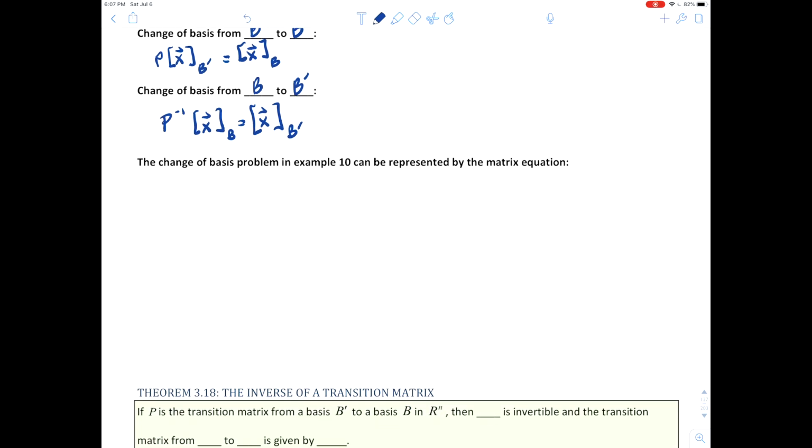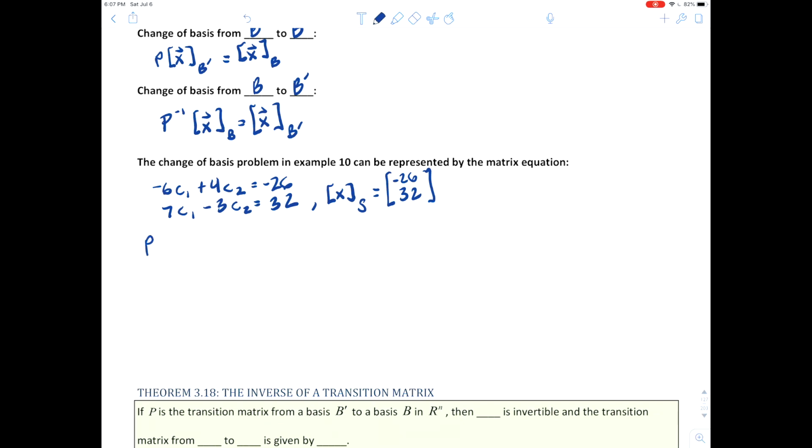We had negative 6c1 plus 4c2 equal to negative 26, and 7c1 minus 3c2 equal to 32. Cool so far? Remember in the problem we were given that the coordinate matrix of x relative to the standard basis was negative 26, 32. So here we go.